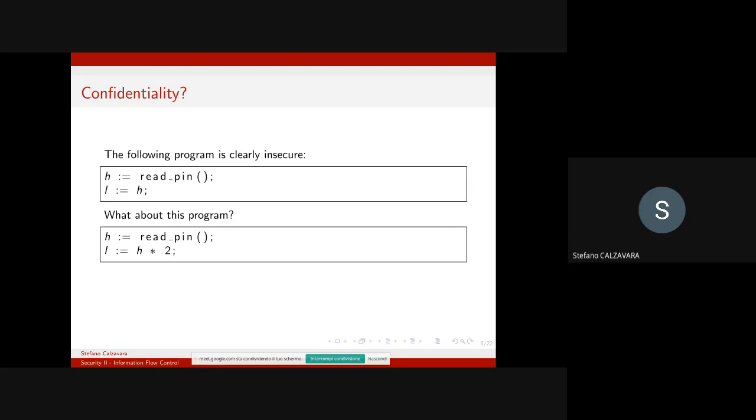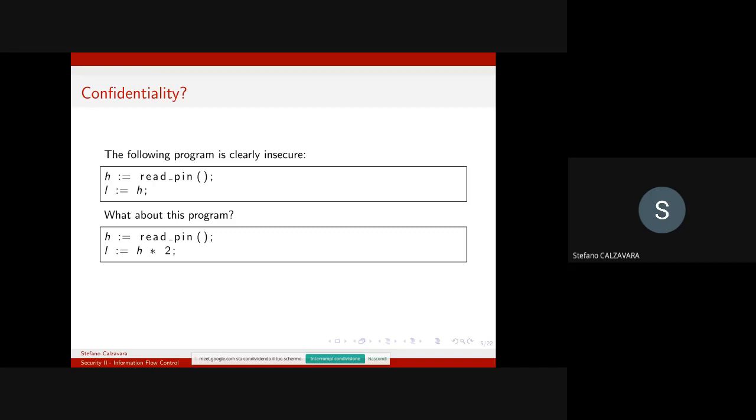As a warm-up, let's start by considering the following program. We use this convention: H denotes variables which have high confidentiality and L denotes variables which have low confidentiality, so they're public. In this first program, we read the PIN, for instance modeling a bancomat.